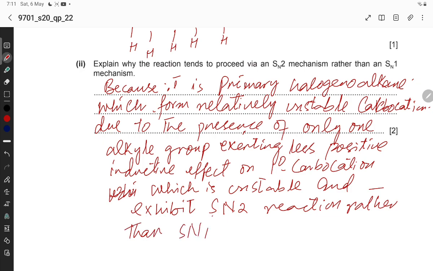So you only write down that it is a primary haloalkane which forms a relatively unstable carbocation due to presence of only one alkyl group.